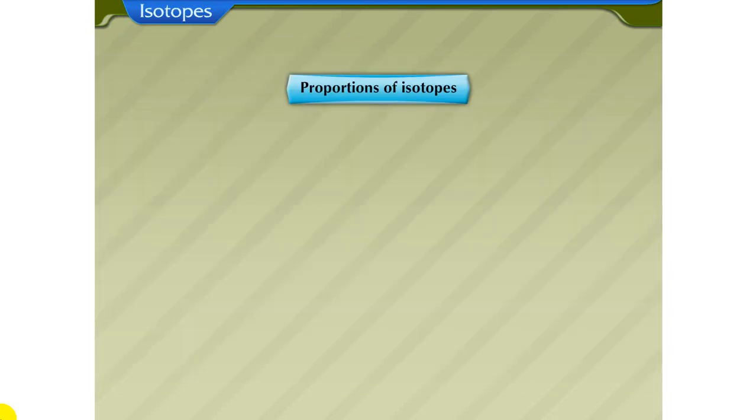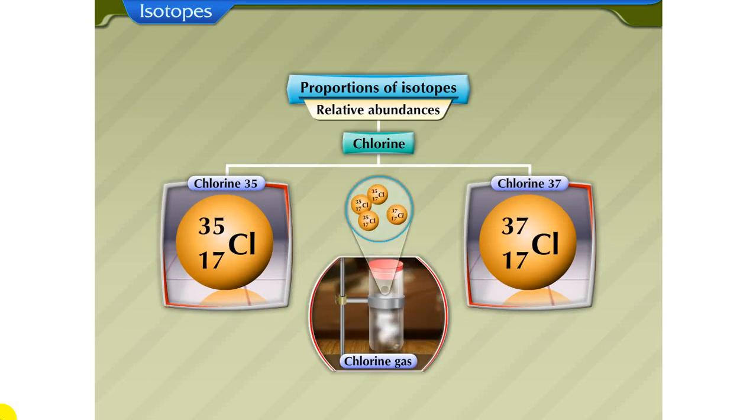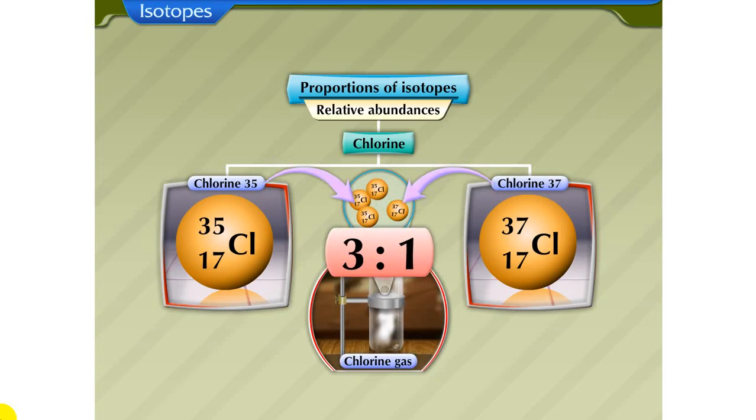The proportions of isotopes are often called their relative abundances. For example, the element chlorine has 2 isotopes, chlorine 35 and chlorine 37. The relative abundances of these 2 isotopes of chlorine are 3:1. In any compound containing chlorine, the ratio of the 2 isotopes is always 3:1.